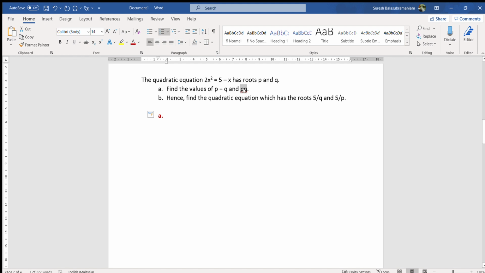I just need to find them. So I will write the equation back: 2x squared plus x minus 5 equals 0. And I will multiply this by 1 over 2.